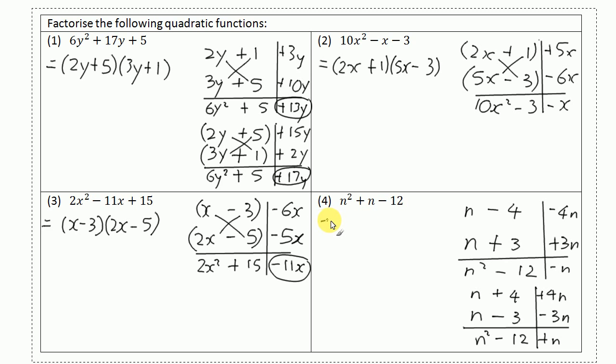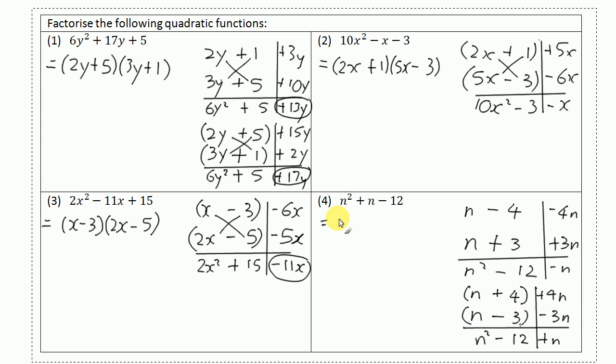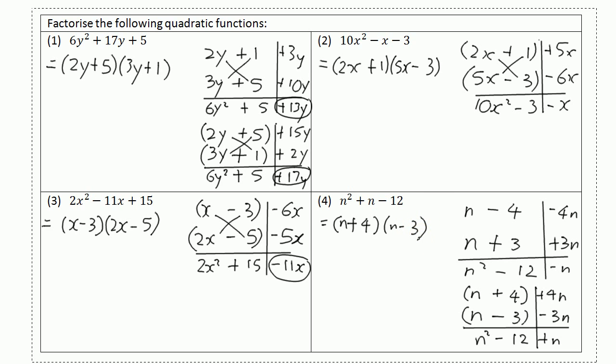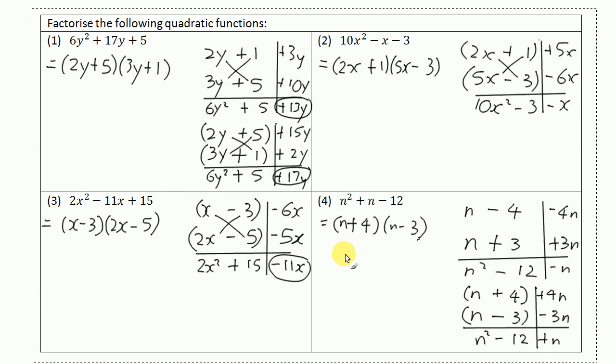So therefore the two factors are this and this. So that's the answer for number 4.